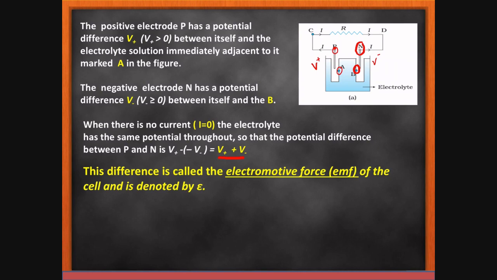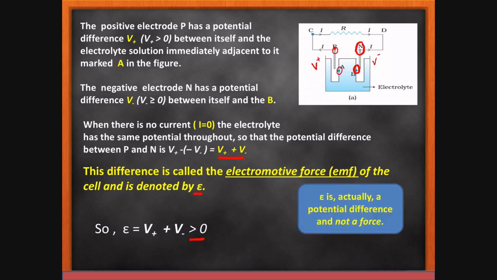I repeat, electromotive force is the potential difference between P and N when no current is passing through the cell, and we denote this by E. So E is equal to V plus, the potential difference of the P electrode, and V minus, the potential difference of the N electrode, and it is always greater than 0.